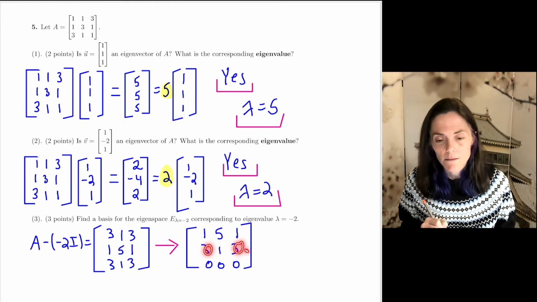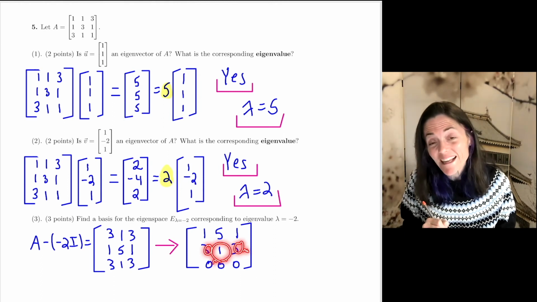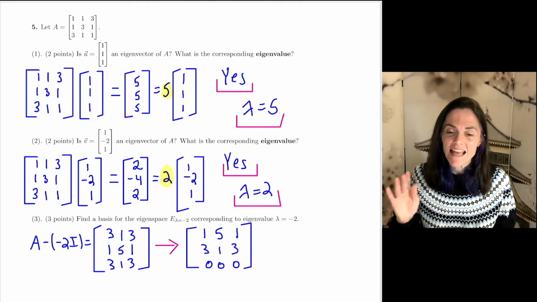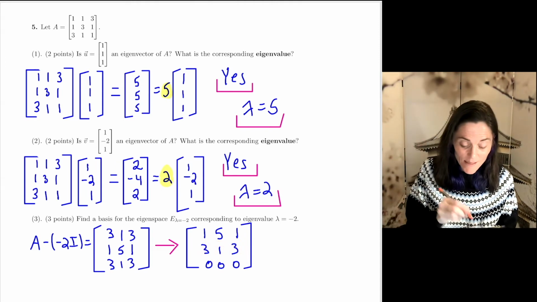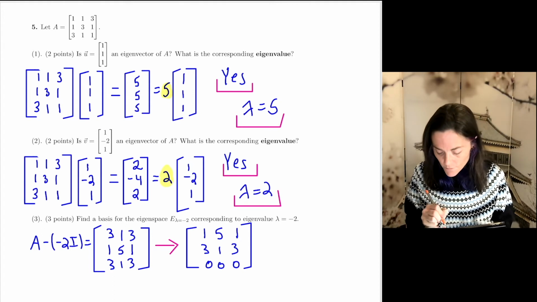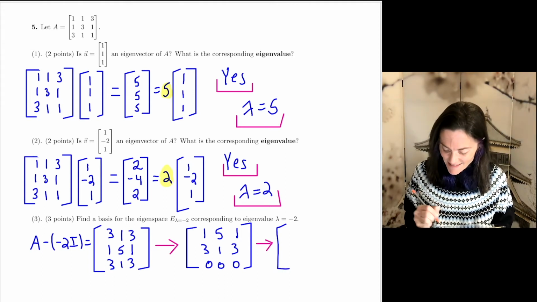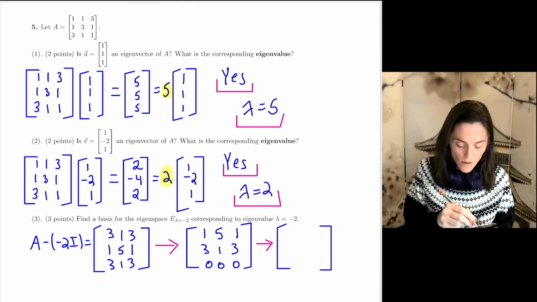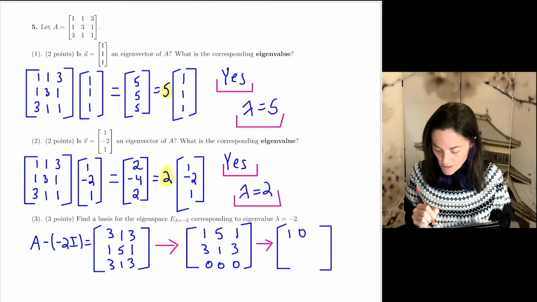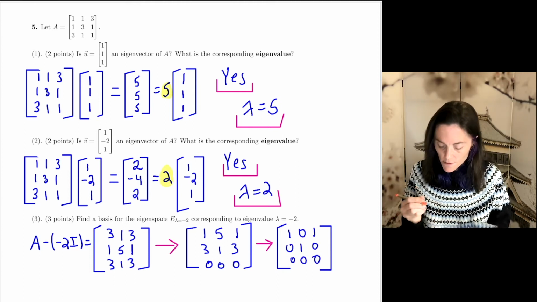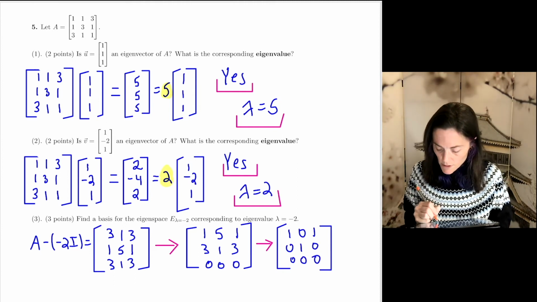Then this would not be a 1 after that row operation, but you can make it a 1. Then you can clear out above. So when we go to reduced row echelon form, you can see what we will get. We will get 1, 0, 1, 0, 1, 0, and then 0, 0, 0. This is the reduced row echelon form.